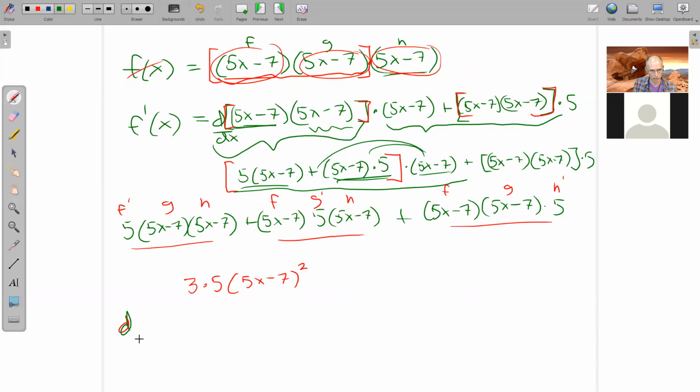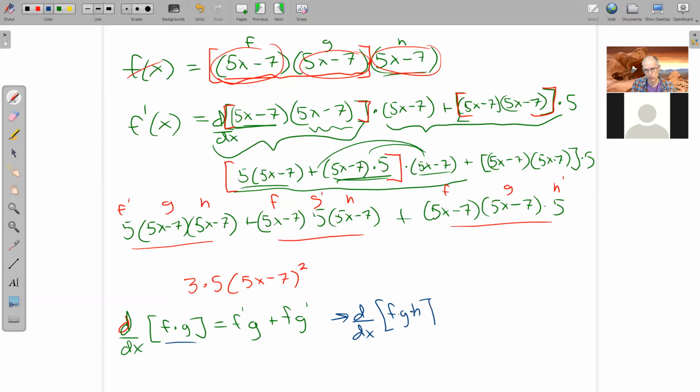So the original product rule looks something like this. If you take the derivative with respect to x of some function f times some function g, that's f prime times g plus f times g prime. And it turns out you can just put as many functions as you want multiplied in there. So that extends the derivative with respect to x of f times g times h.